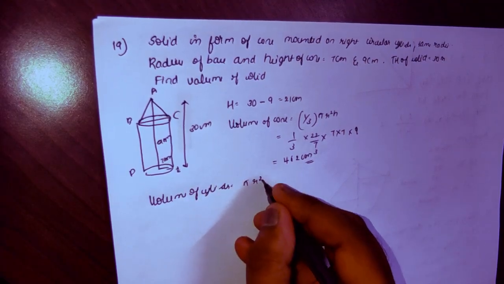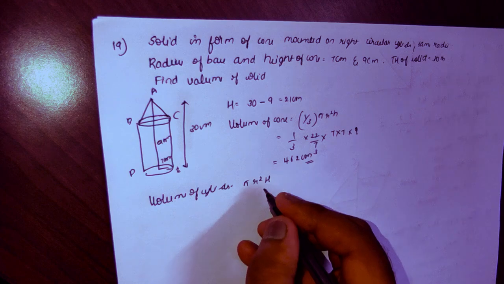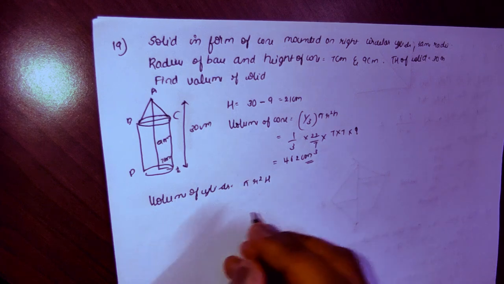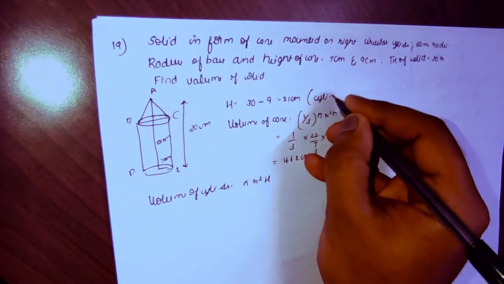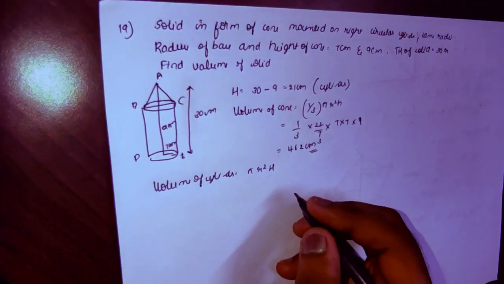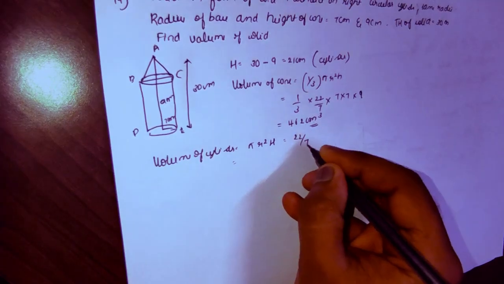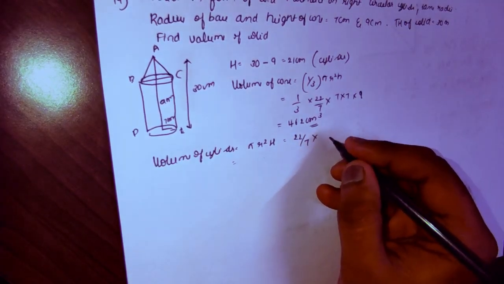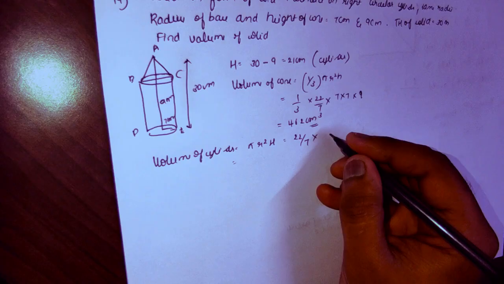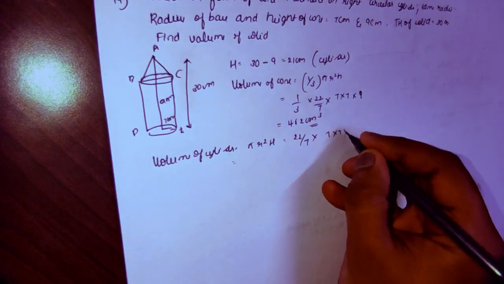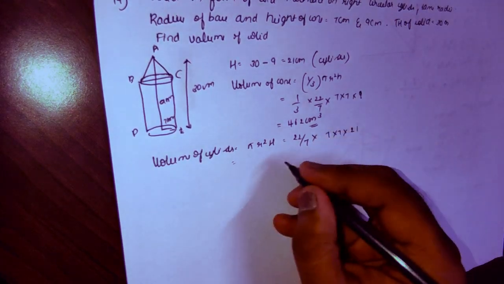Volume of cylinder is equal to pi r square into height. This is the height of the cylinder. Substitute the values, that is 22 by 7, radius of the cylinder 7 into 7, height is 21.